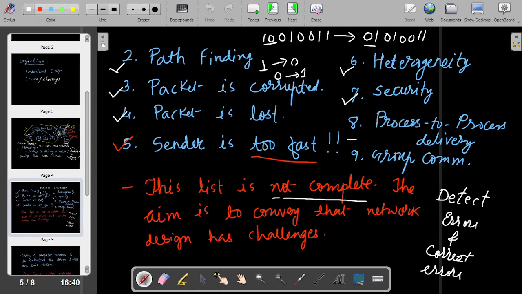Next one is process to process communication, or process to process delivery.